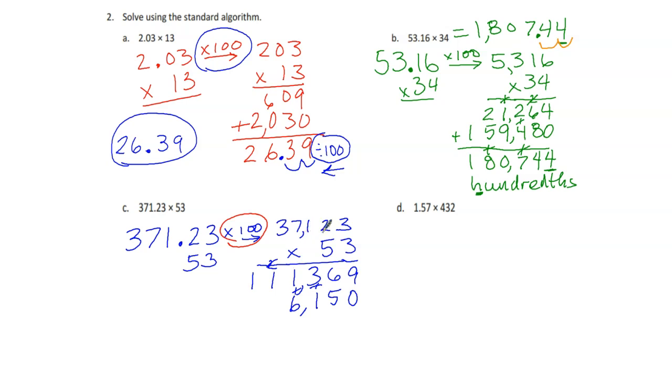Excuse me, 35 10,000s. Put my 5 down, put my 3. Then I have 5 tens times 3 10,000s is going to be 1,500,000 plus my 300,000 is 1,800,000. All right, let's take a look here.